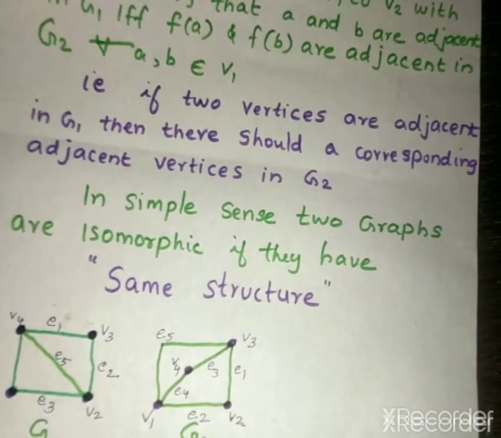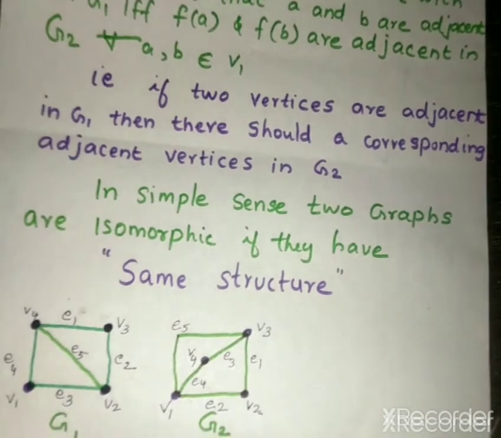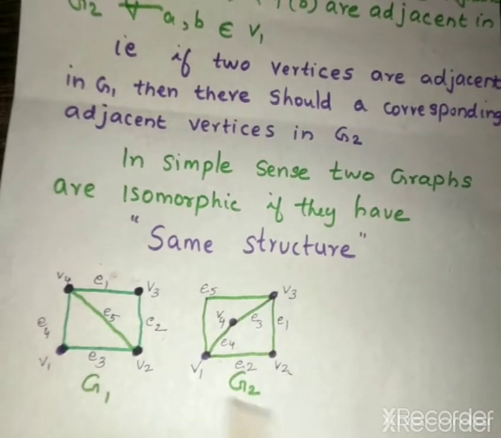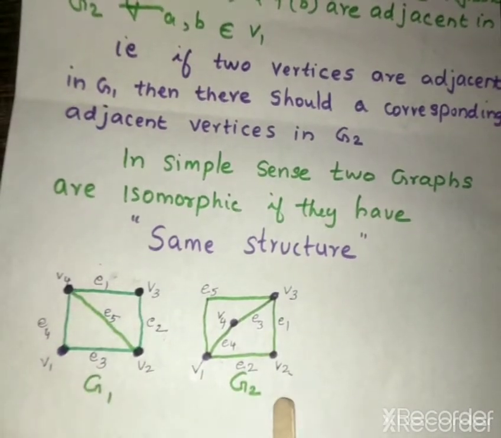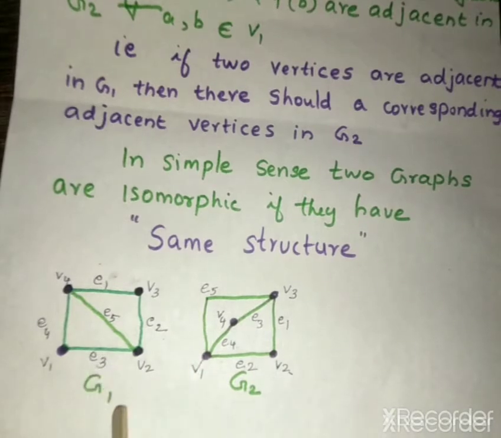Okay. Now let us consider two graphs, G1 and G2. Here we can see that in G1 there are 4 vertices and 5 edges, and in G2 also there are 4 vertices and 5 edges. And we can check whether these two graphs have the same structure.